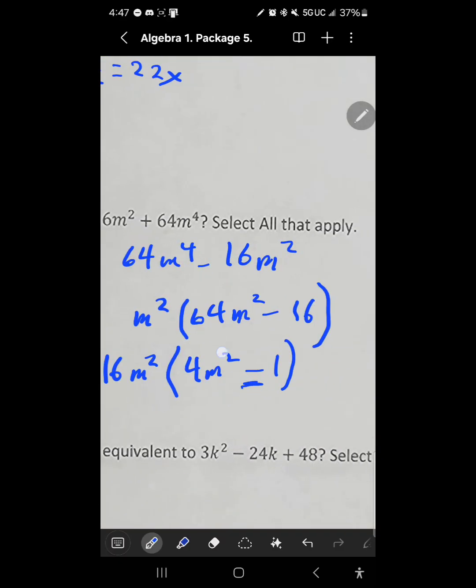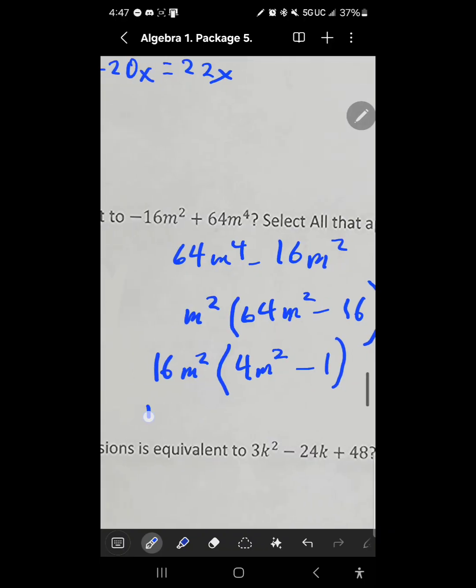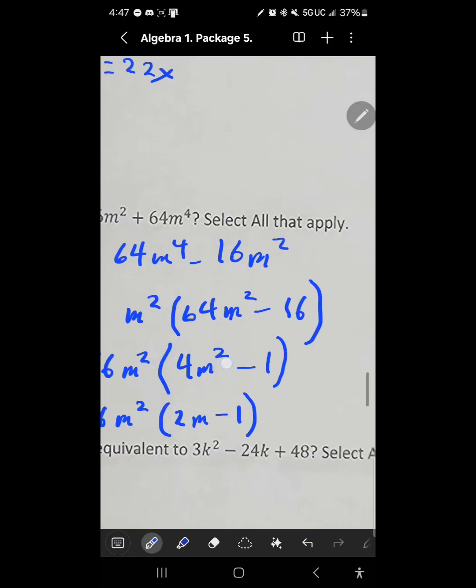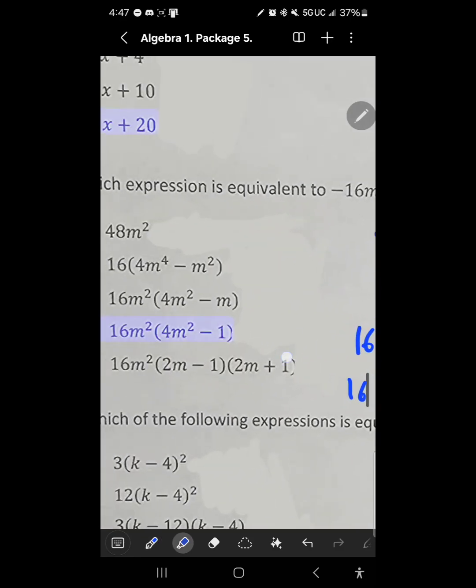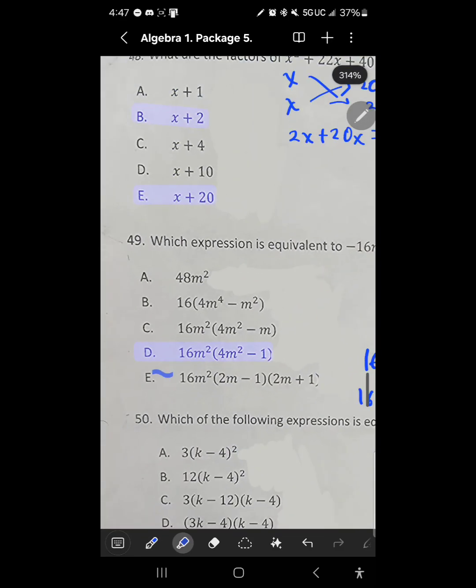This is a minus, and we have an exponent here. So we can say 16m squared times the square root of the first one, which is the square root of 4, which is 2. The square root of m squared is just m, minus the square root of 1, which is 1. And then the same, 2m plus 1, which is this one, e.